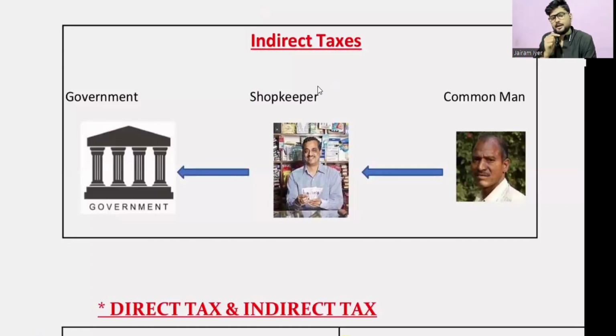Otherwise, it could have been like income tax: you buy a 10 rupee product, come home, open the government website and say, government, today I purchased a 10 rupee product, so here are my 2 rupees of tax. That would have been a very hectic and illogical thing to do. So whatever sales I do during the whole month or year, I collect the taxes, and then at a fixed period of time I deposit the tax to the government.